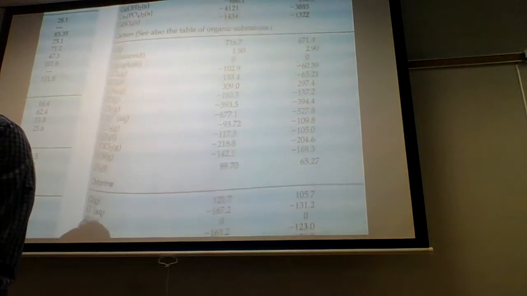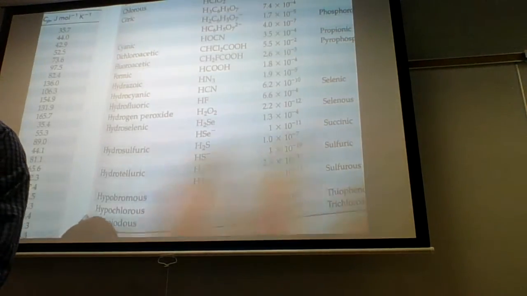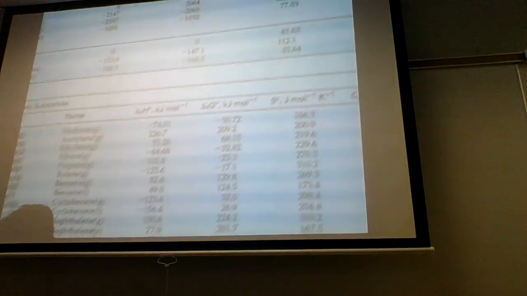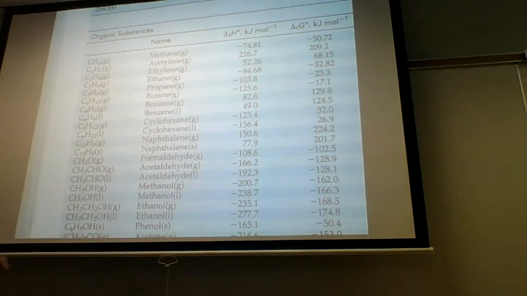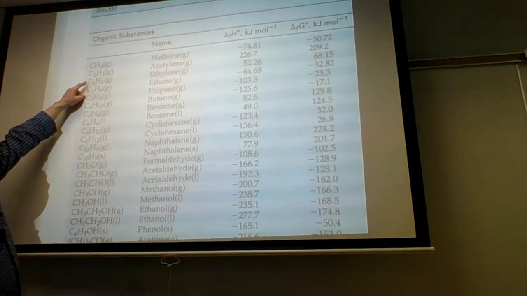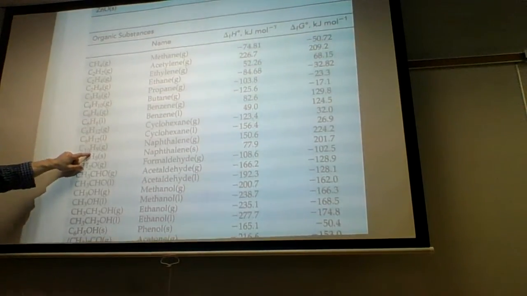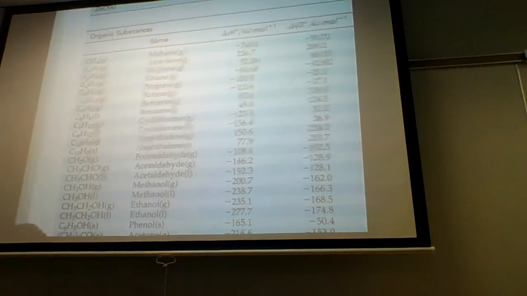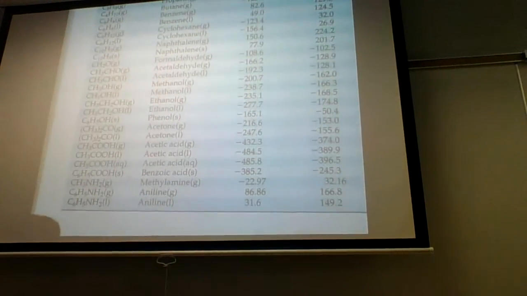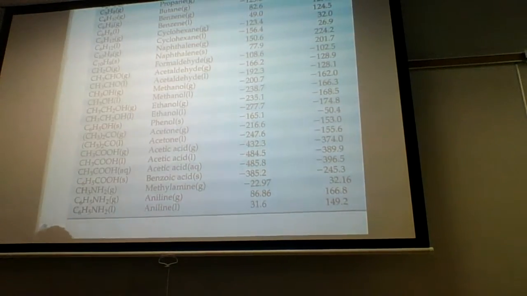The organics are in a separate table at the back. And so let's flip to the back of Appendix D, and we look at the organic substances like methane, ethane, propane, butane, methanol, ethanol. We get to the end of the table, and there's no sucrose here. And so they didn't give us the data for the sucrose, but go back to the problem.